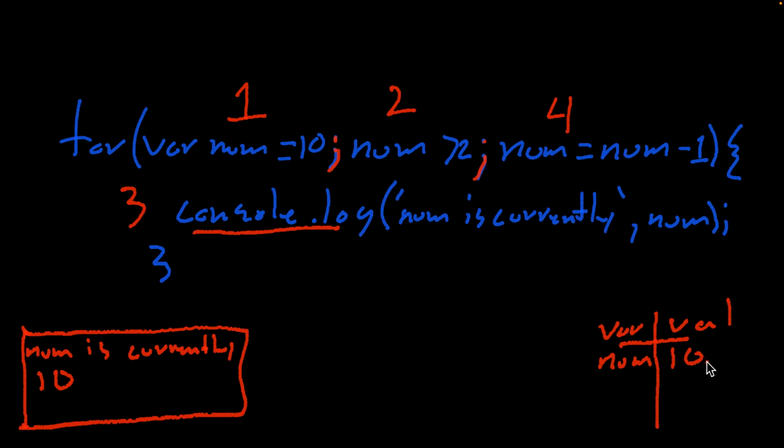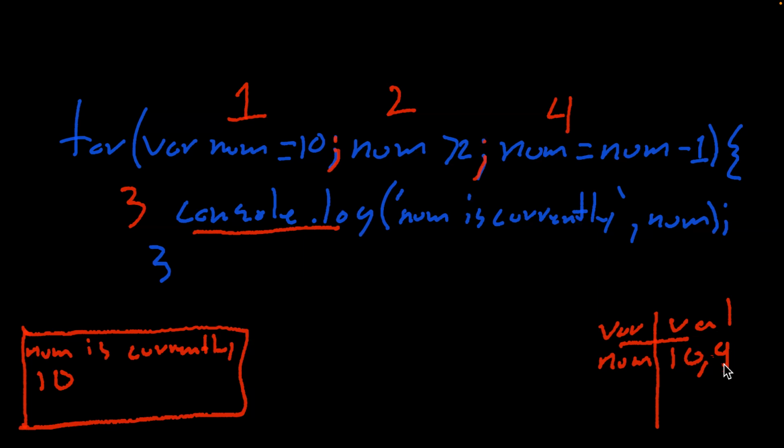So now num is 10, so num equals num minus 1 means that num is now equal to 9. So now this is decreased. And so then we go back to step 1. What is step 1? It declares the variable.